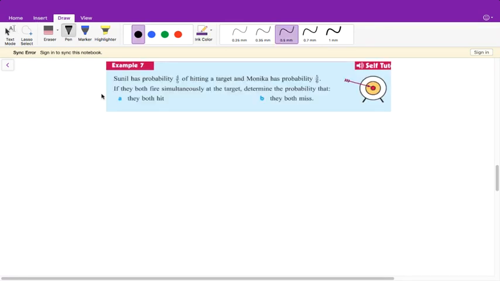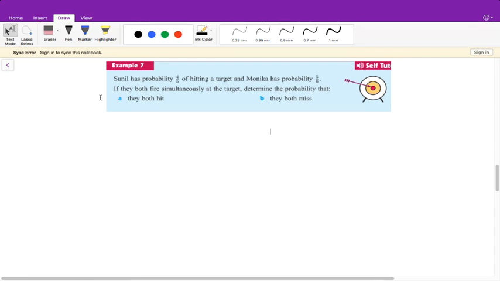So this question says, Sunil has a probability of 4 over 5 of hitting a target, and Monica has a probability of 5 over 6. If they both fire simultaneously at the target, determine the probability that A, they both hit, or B, they both miss. So this one's a little bit trickier in that you might think that they could be dependent on each other, because if they're firing at the same time, maybe one of them can hit and deflect the other arrow.